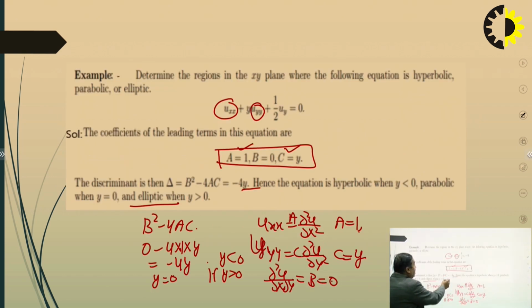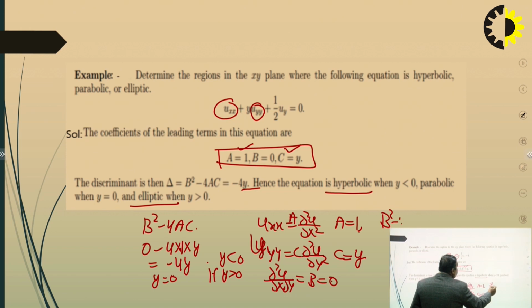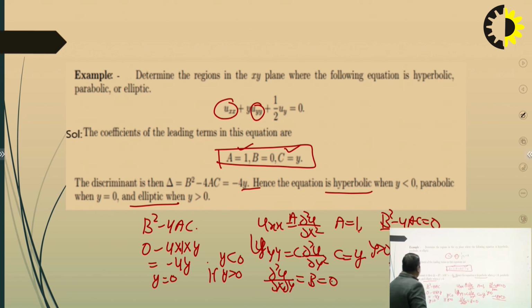Here, if y is negative, then minus minus becomes positive and the function becomes hyperbolic, since b square minus 4ac is greater than 0. If y is equal to 0, then b square minus 4ac equal to 0, that becomes parabolic. If y is greater than 0, then minus 4y is less than 0, then the function becomes elliptic.